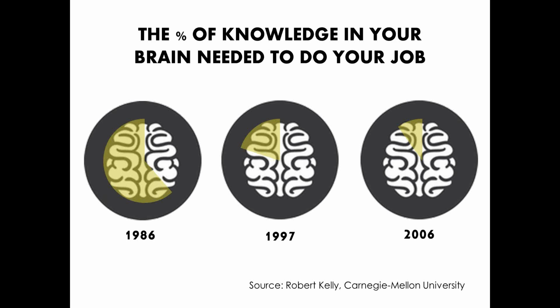I don't know what the percentage is today. It's probably lower. Bottom line here is, look at that change in how we can access information to do our job successfully. It has gone from a lot of that information contained internally to having to rely upon external resources to access knowledge that we need to do our jobs.